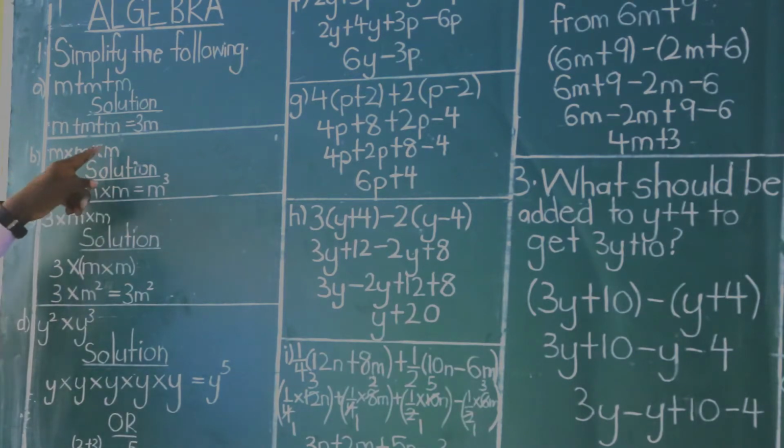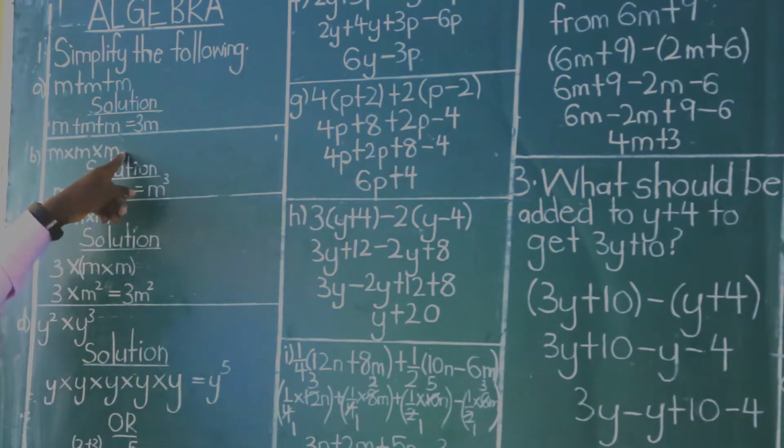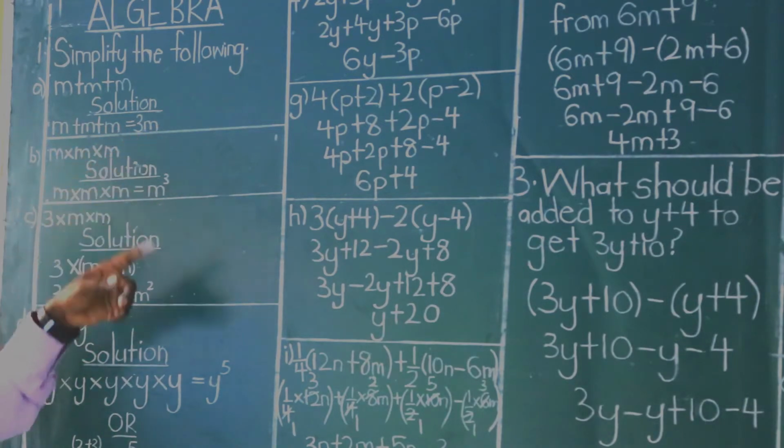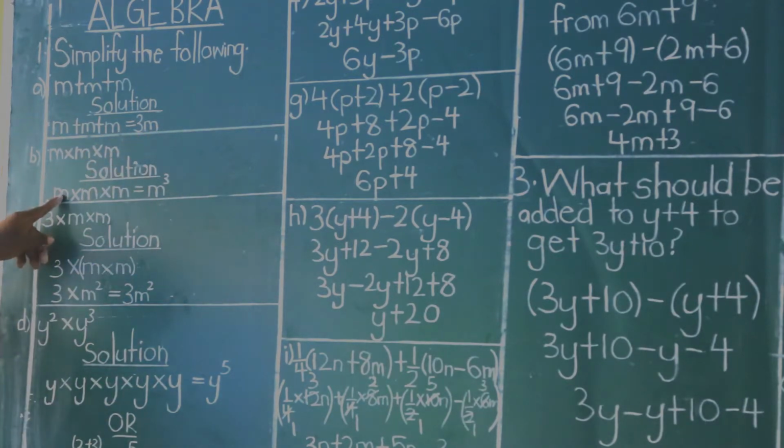So m times m times m, you count in terms of indices: m index 1, m index 2, m index 3. Remember, in part A it was 3m, that was addition. In part B, being multiplication, these are indices of m. m times m is m index 2, times m is m index 3. So the answer is m index 3.